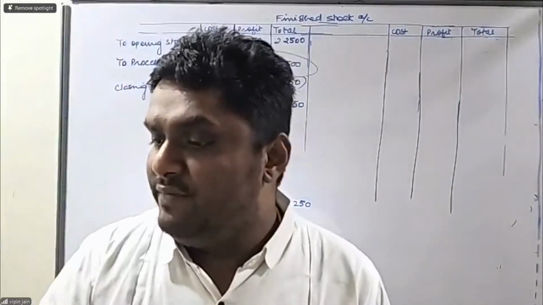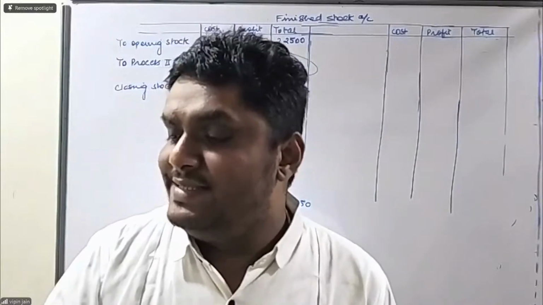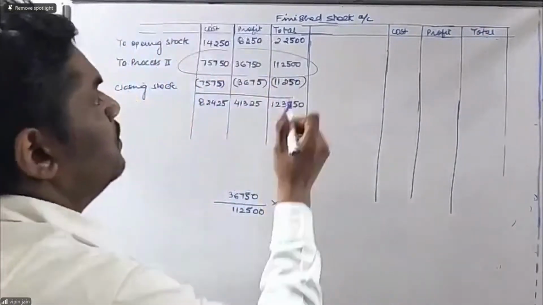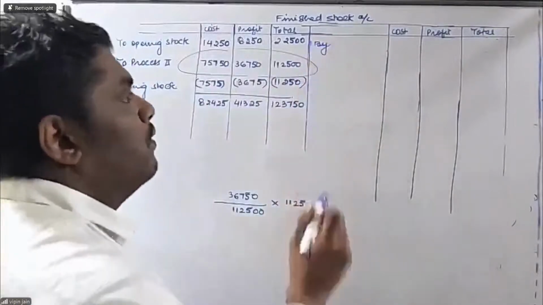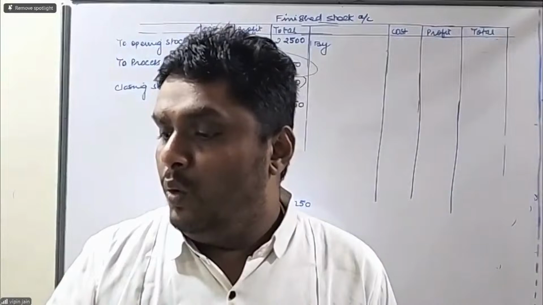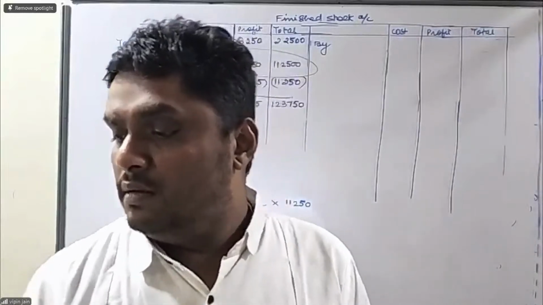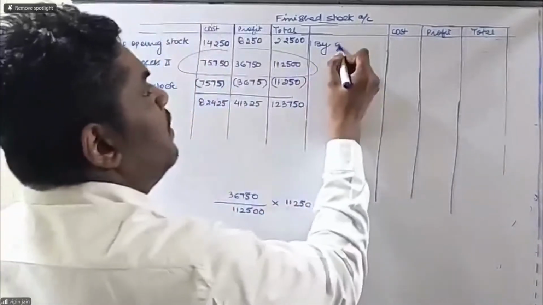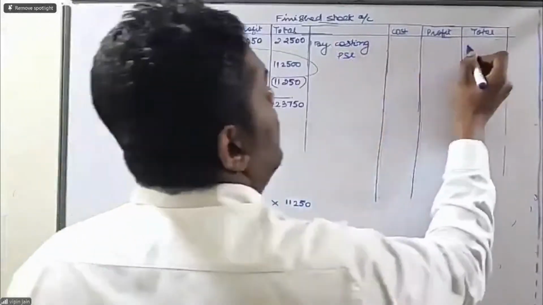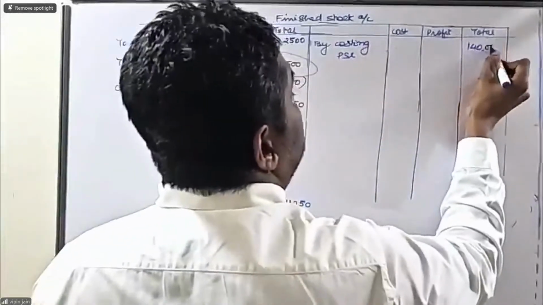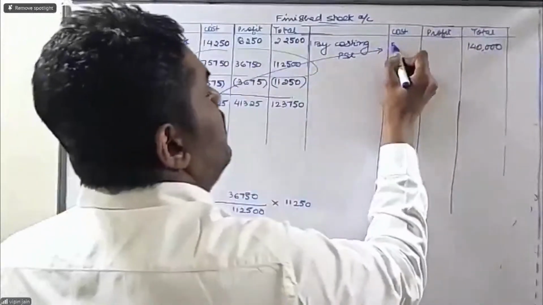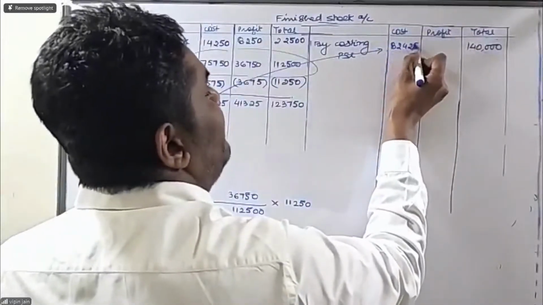Now, herein it is given in the question that the sales during the period are 1,40,000. So by costing P&L, 1,40,000, my cost to the company is how much? 82,425.